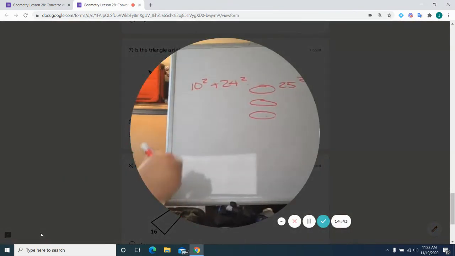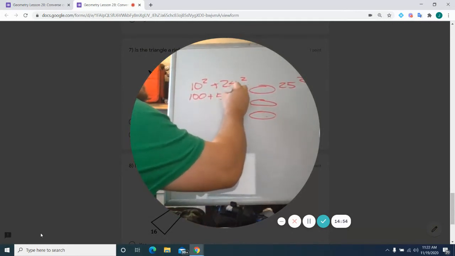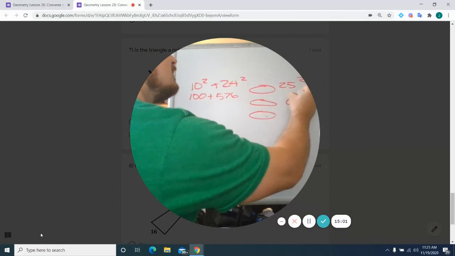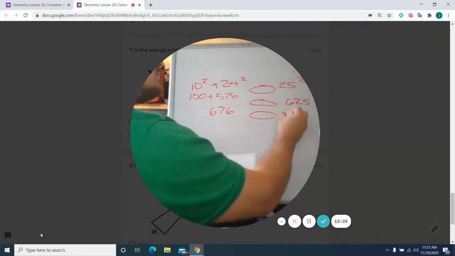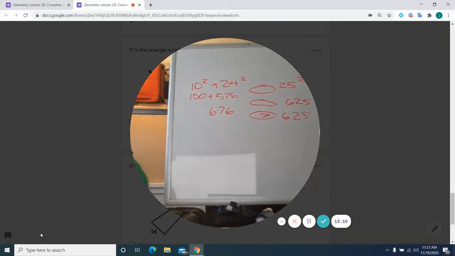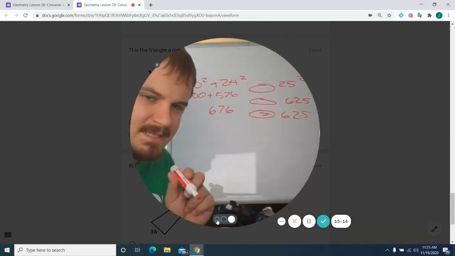So 10 squared is 100. 24 squared is 576. 25 squared is 625. Add those together, you'll get 676. 676 is greater than 625, so my a squared and b squared are winning. So when a squared and b squared are bigger, that's going to be acute.